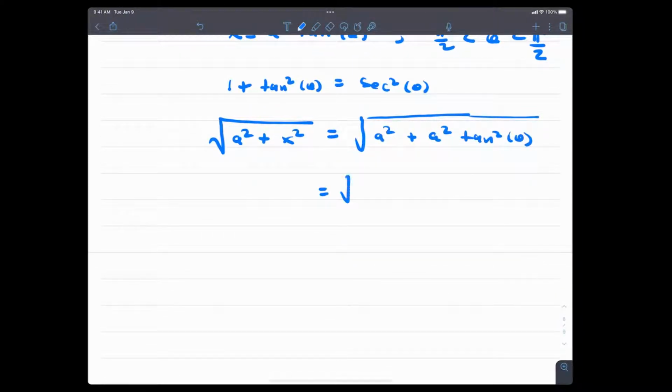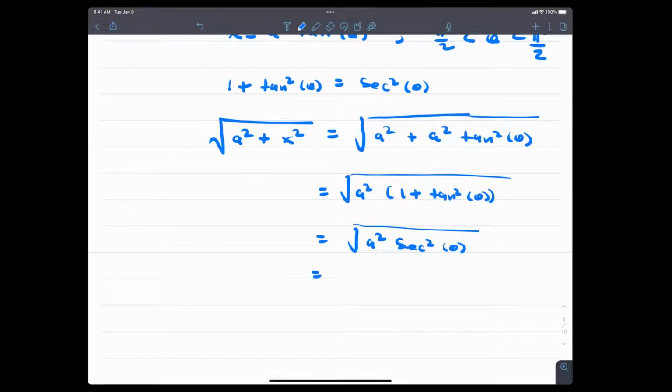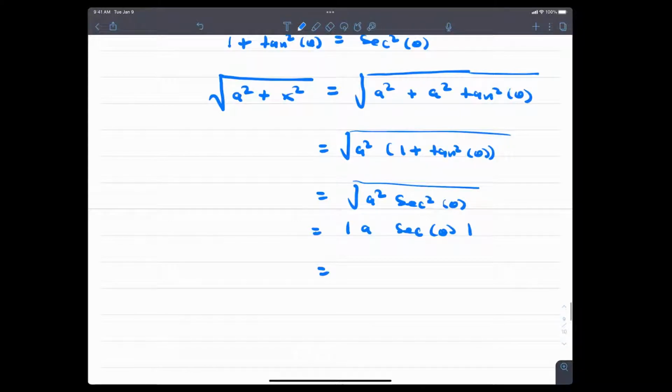I can factor out the a squared. I get 1 plus tangent squared theta. And then we get square root, I got a squared, 1 plus tangent, this is what they mean by secant squared theta. So that'll be the absolute value of a, absolute value of secant theta.